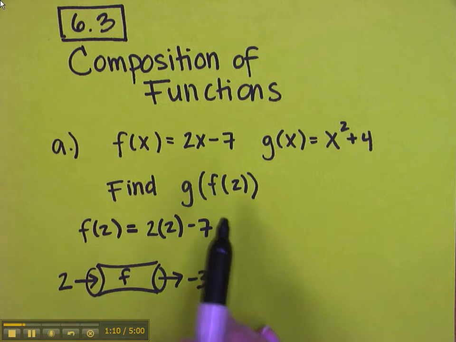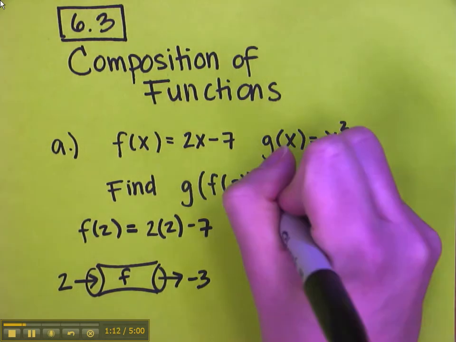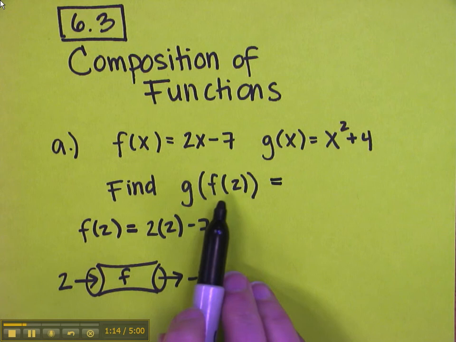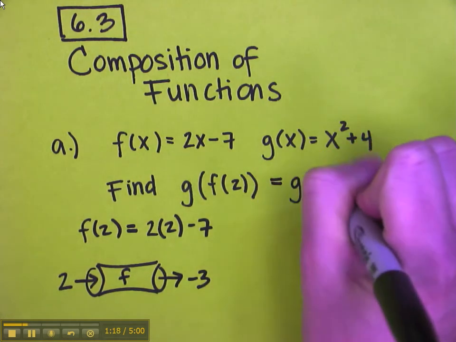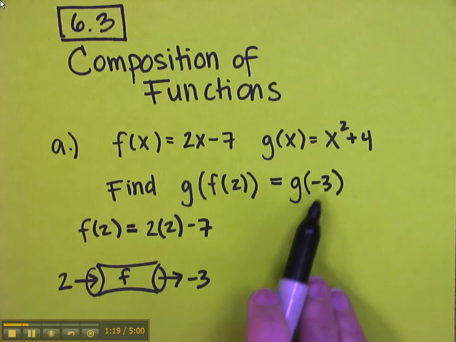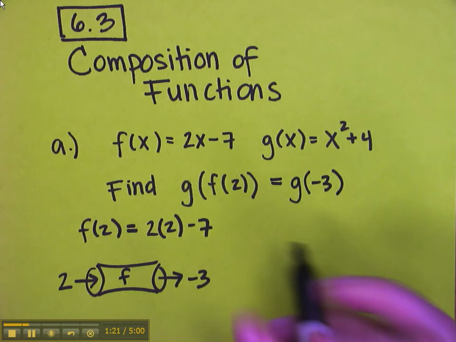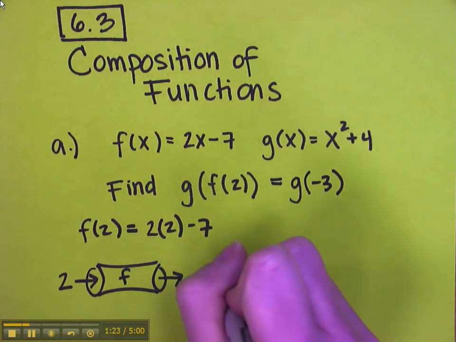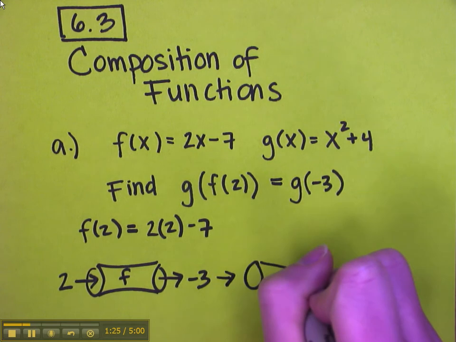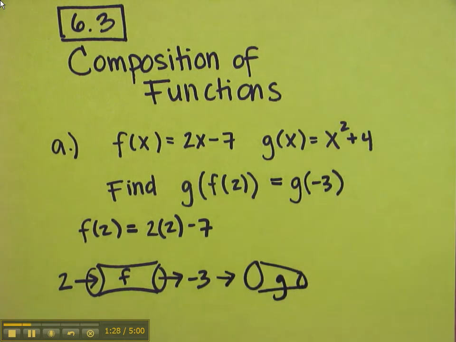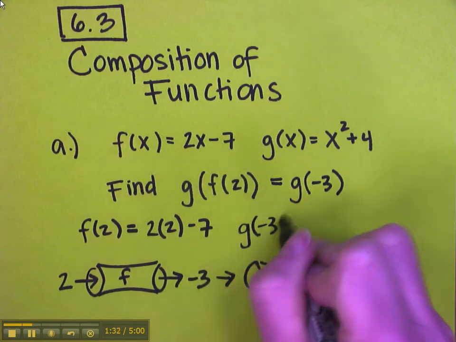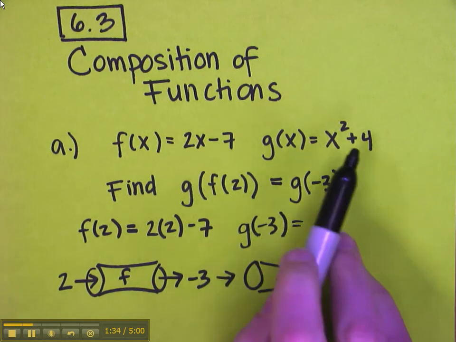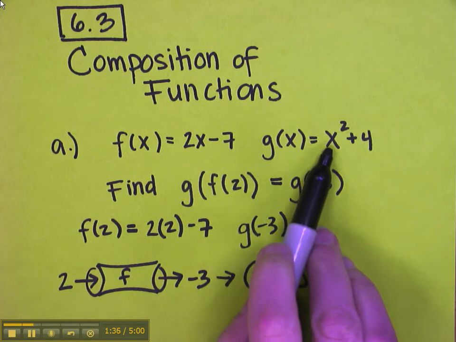Now, that means that really what I'm trying to find instead of g of f of 2 is I'm trying to find g of negative 3, because f of 2 is equal to negative 3. So that means I'm going to take negative 3 and I'm going to plug it into function g, and I want to know what comes out. So I do g of negative 3. I look up at g and it tells me to square the number in the parentheses and add 4.